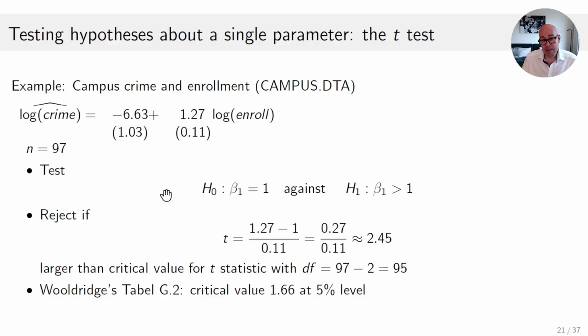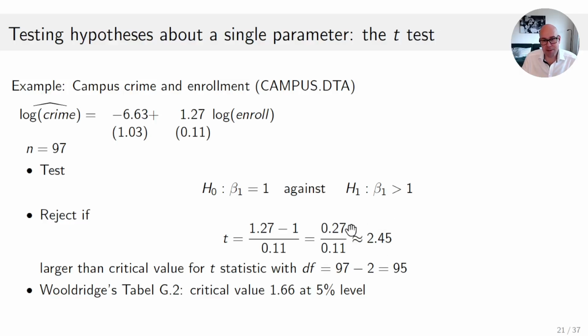So the test is for the null that beta 1 is equal to 1 against the alternative that beta 1 is, for instance, bigger than 1. So that would be a one-sided test. We would reject if 1.27 minus 1 divided by the standard error, which is this 0.11, is bigger than the critical value that we need to find.